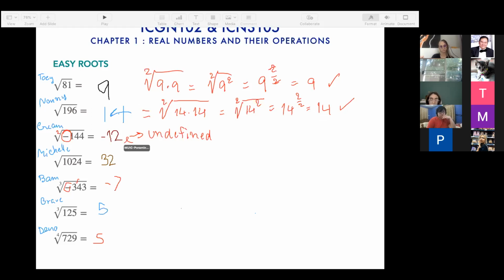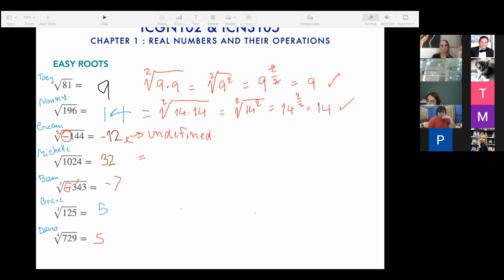Next, square root of 1024. When you have a quite big number like this, you first think of which number can help us. For example, you may use a prime number like 2 or 3 or 5.